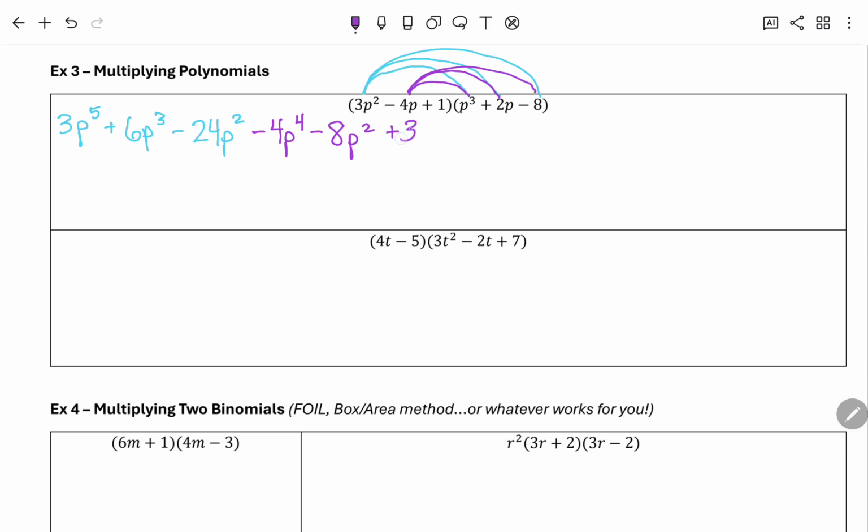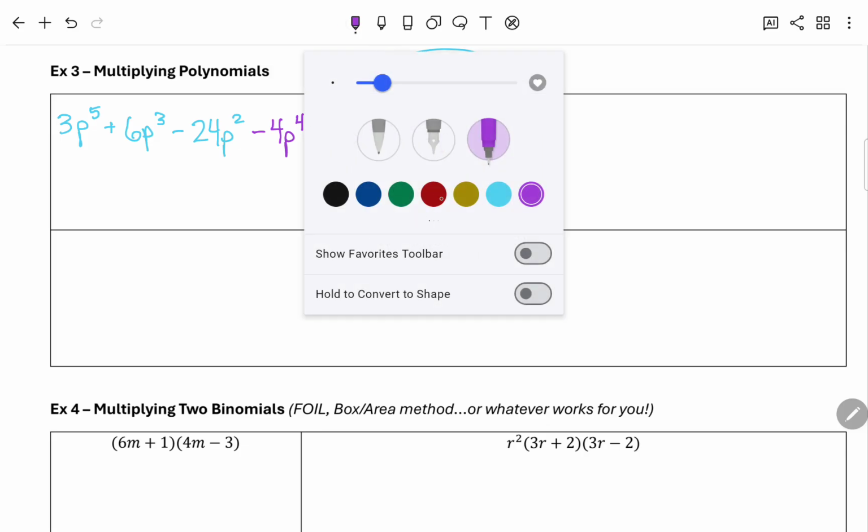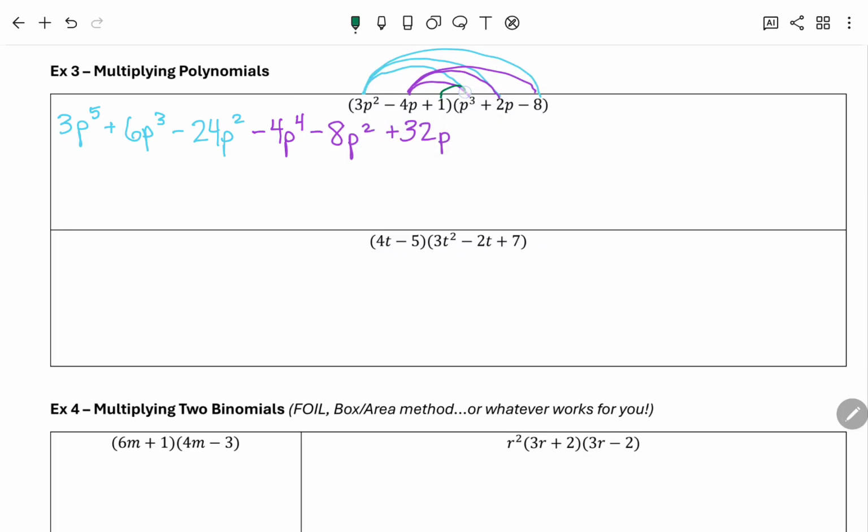Plus 32p. Make sure I'm on the right track here. Yep. And then we need our new color. Sure, green. Okay, there we go. And oh, this is 1, so that's going to be super quick. Things are just going to stay how they were.